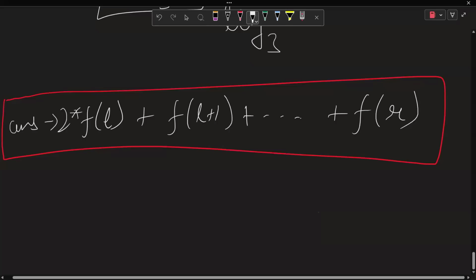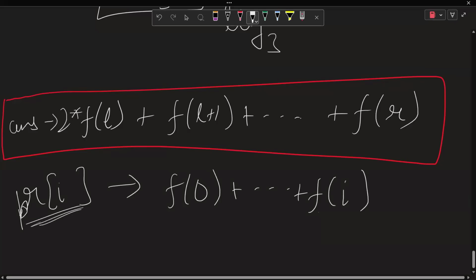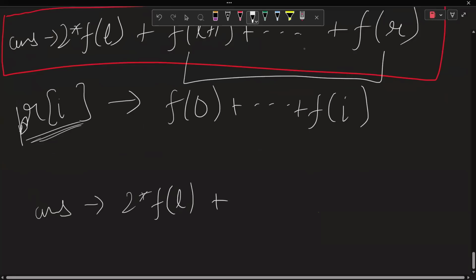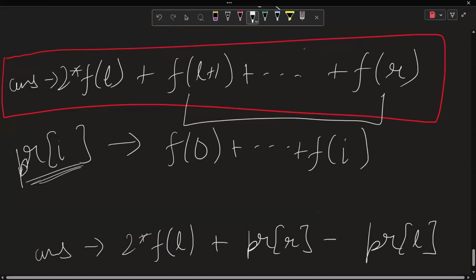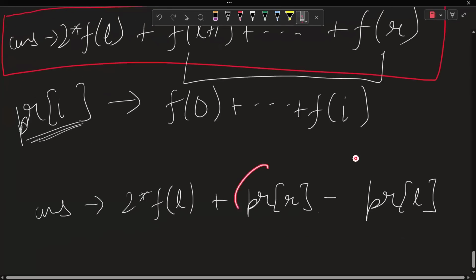If you have pre-calculated your prefix sum, where prefix of i just represents the sum of f of 0 to f of i, then you can write your final answer as 2 times f of L, which would remain, plus this sum, which can be written in the form of prefix of R minus prefix of L. Prefix of R would be the sum from 0 to R, and you subtract the sum from 0 to L, you would get the sum from L plus 1 to R. So this would give us the sum from L plus 1 to R and 2 times f of L.